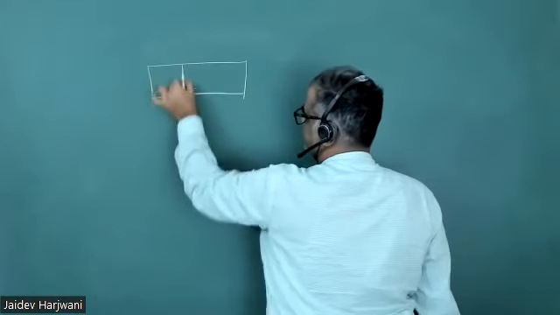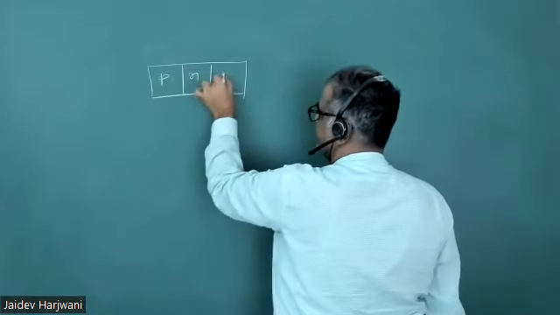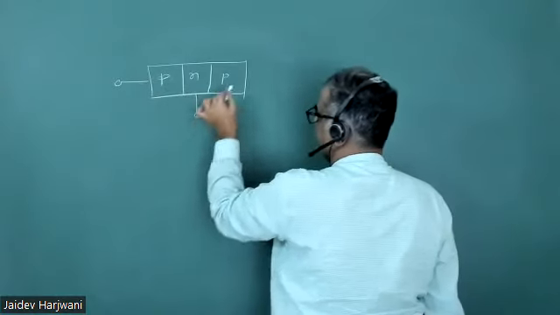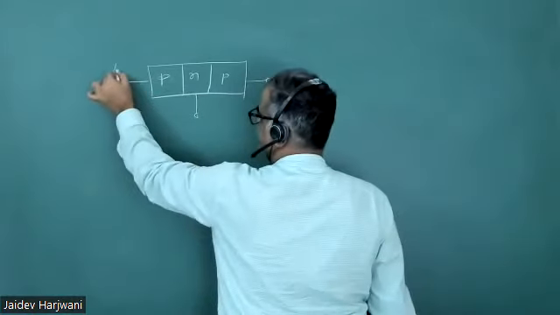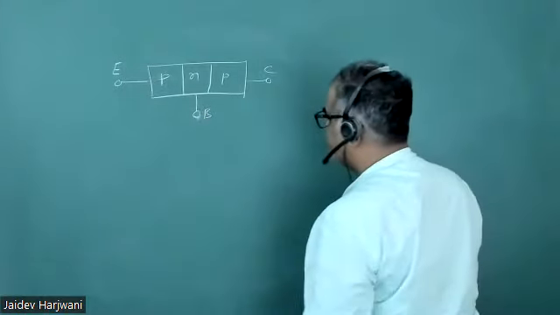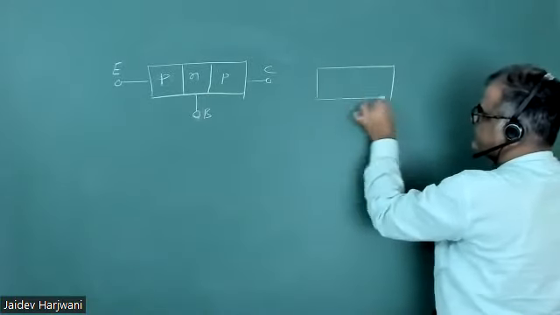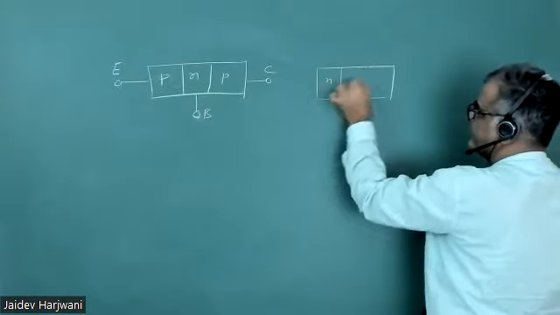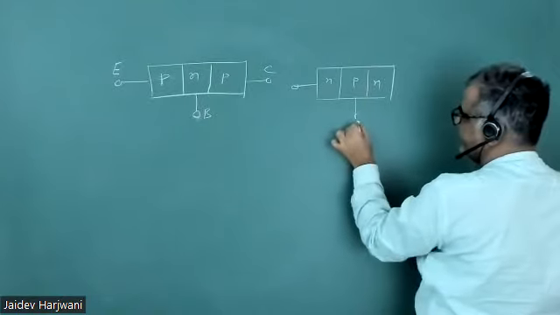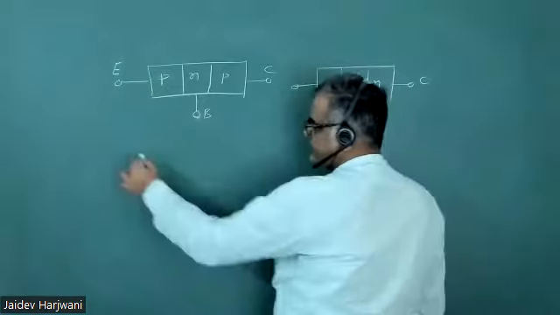You have N, or you can write first P, N, P. So it has three terminals: one is your emitter, other is your base, and this is your collector. Similarly, we also have the NPN transistor, where the emitter is N, your base is P type, and your collector is N type. So it has three layers.